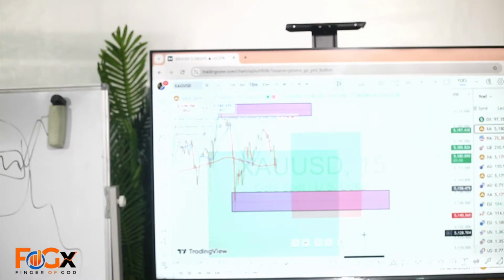Yeah, go back. Okay, market, change it to buy limit. See the entry, 5158.475 price. Stop loss is 5140.38.